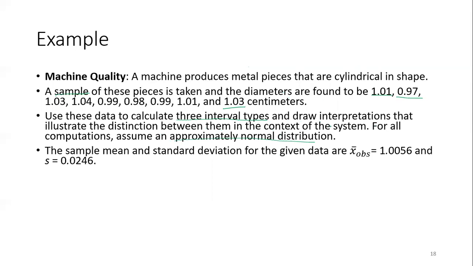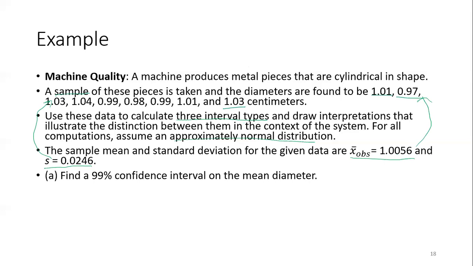If you take the average of these samples, the observed x bar turns out to be 1.0056, and the sample standard deviation is 0.0246. This is the sample standard deviation of these 9 data, and similarly, this is the sample mean of these 9 data.